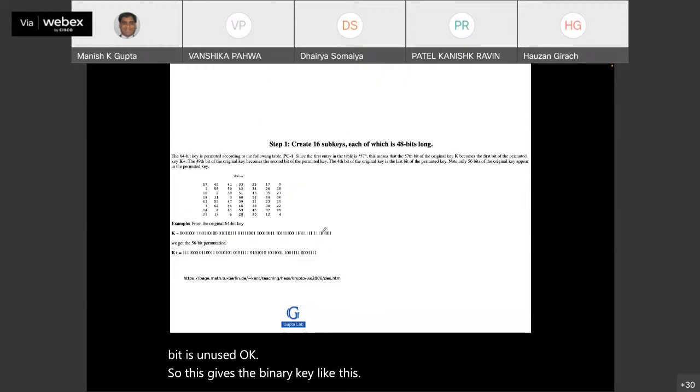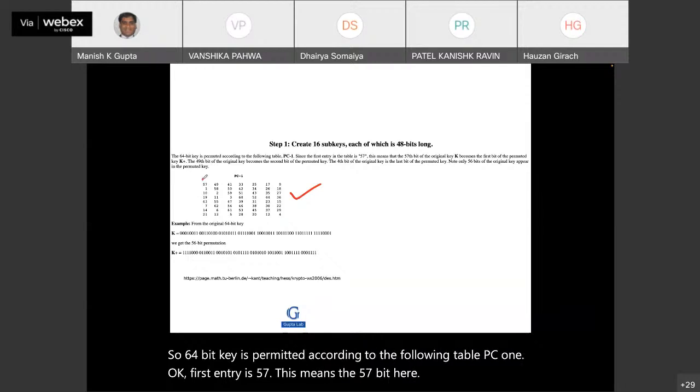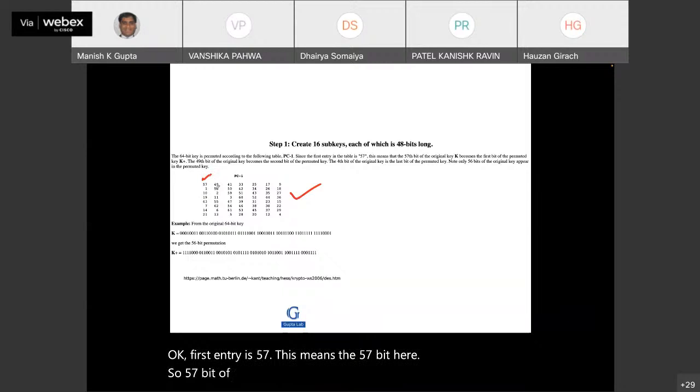Now we want to create 16 subkeys, each of which is 48 bits long. So the 64-bit key is permuted according to the following table, PC1. First entry is 57. This means the 57th bit of the original key becomes the first bit of the permuted key, K plus.